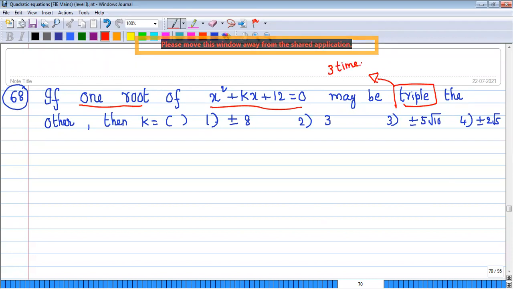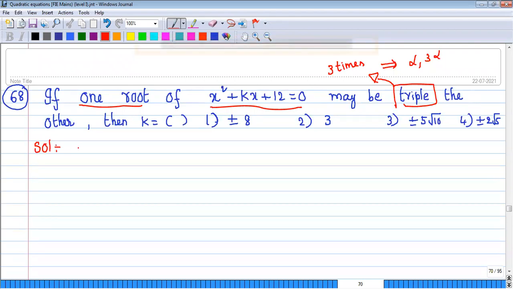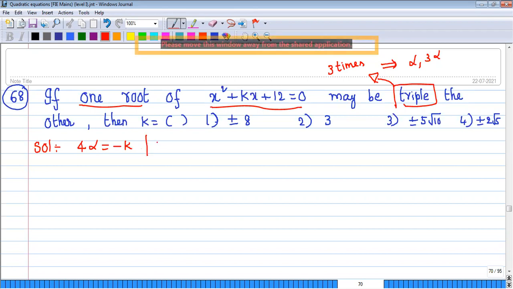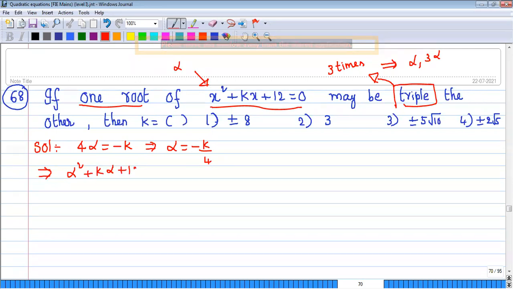That means indirectly the roots are alpha comma 3 alpha. So sum of the roots is 4 alpha. 4 alpha is equal to negative k. Alpha equals to minus k by 4. This alpha satisfies this equation. That implies we get alpha square plus k alpha plus 12 equals to 0.